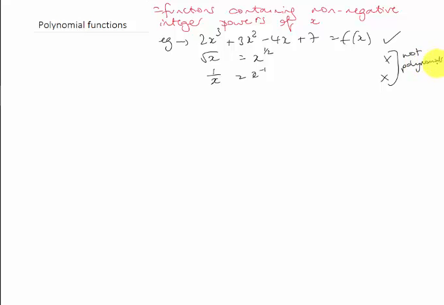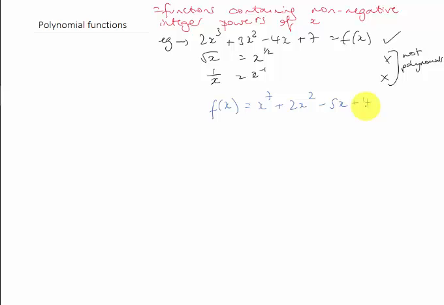And so let me just show you a fancy polynomial function. So how about if we took the function, f(x) equals x to the power 7 plus 2x squared minus 5x plus 4.